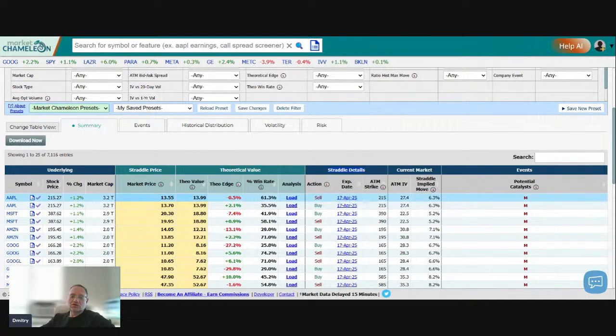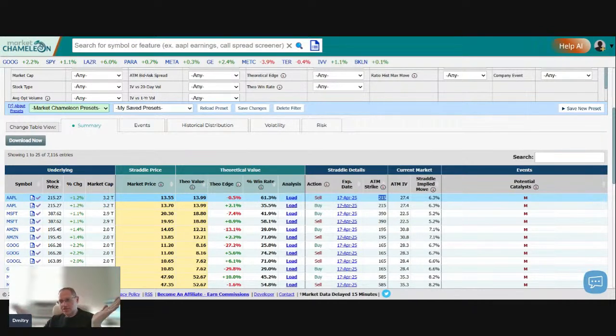Over here, you're looking at it from the sell side, the April 17th expiration, 215 strike. Okay, because the straddle, you could analyze it from the sell side or the buy side. And the way this analyzes the straddle is you need to look at the straddle price and perform an analytic on that price.